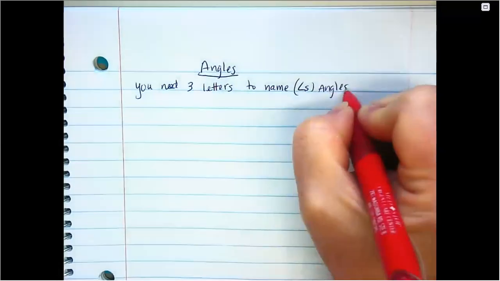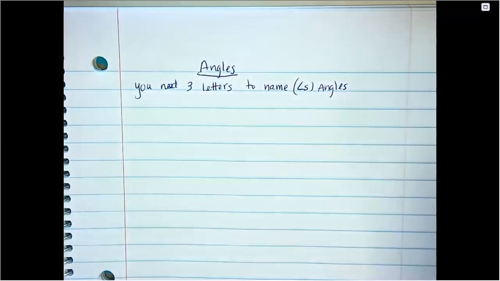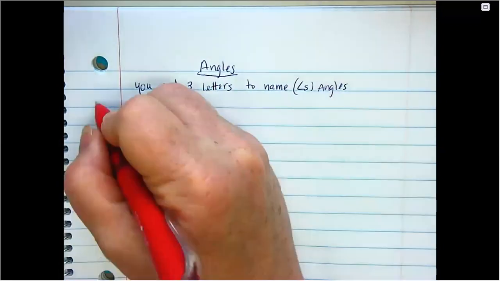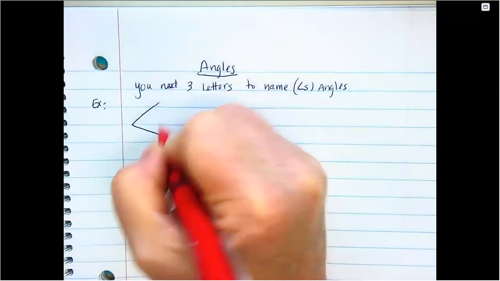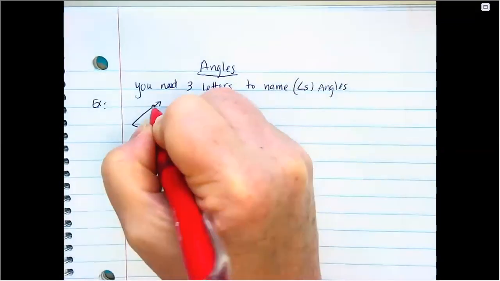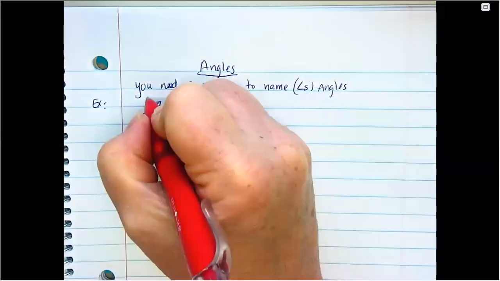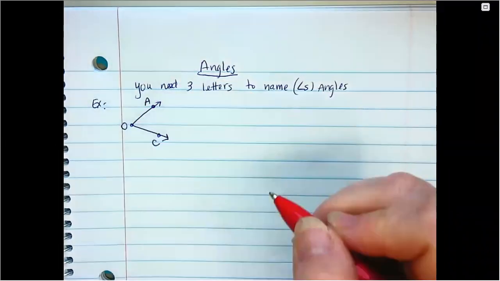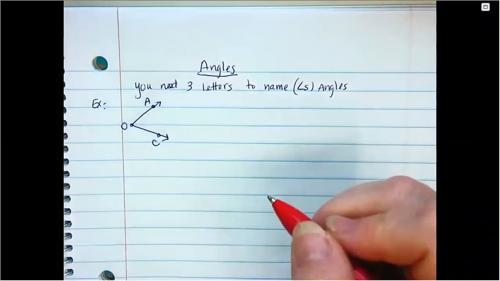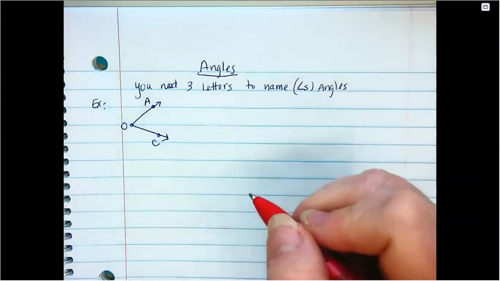Okay, some of you may have seen that before. Let's look at an example of this. If we have an angle, we're going to put a point here, there, and there. So we'll call this one A, that one O, and that one C. Let's look at what makes up this angle.